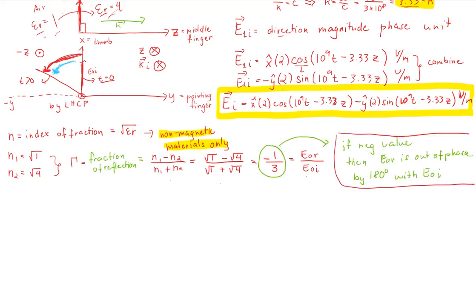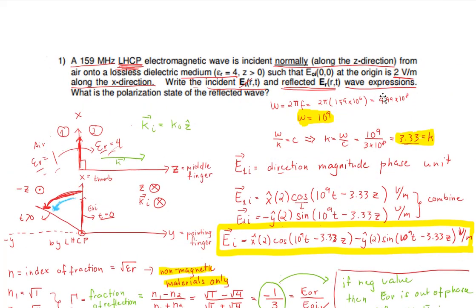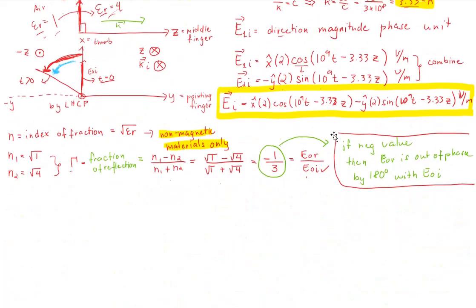So we have the value for E naught sub I, and that is given by 2 volts per meter. And we have this relationship over here, negative 1/3. So now we could just solve for E naught of R. It's just going to be negative 1/3 times E naught of I, which is 2. That comes out as negative 2/3.